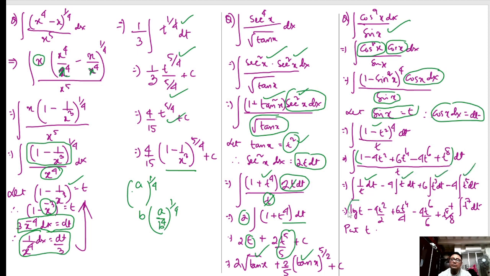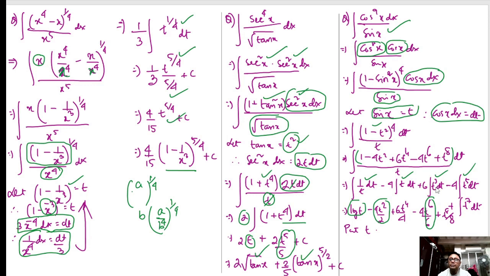So 1 by t is log t. t is t square by 2. t cube will be t4 by 4. Please wait a minute. t square by 2, yes.